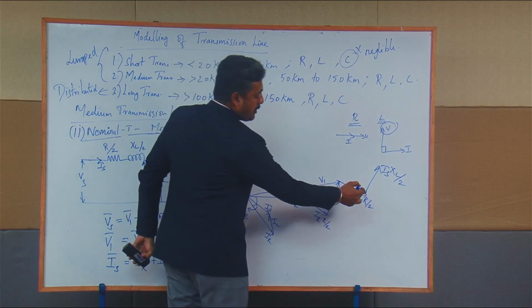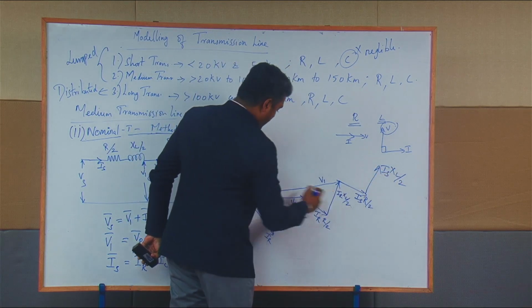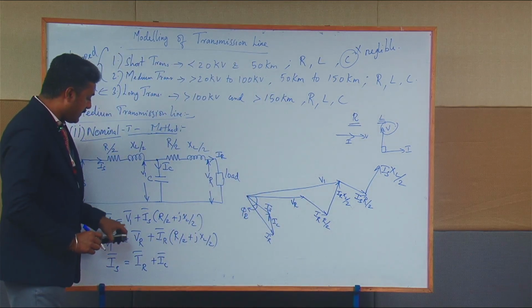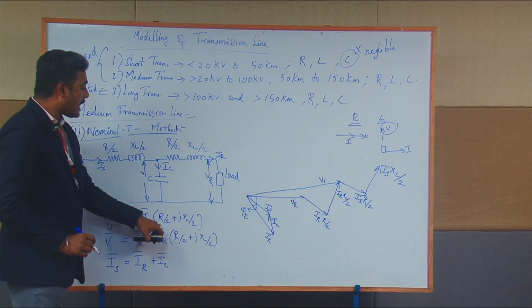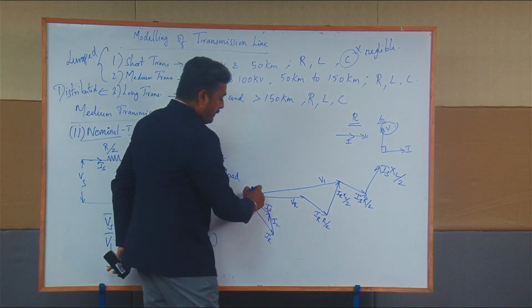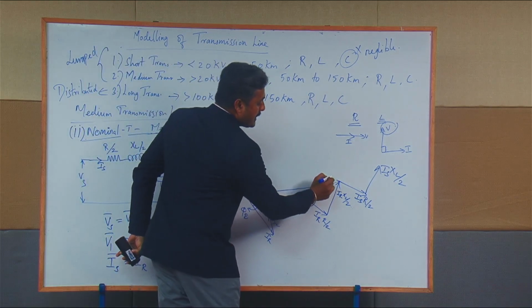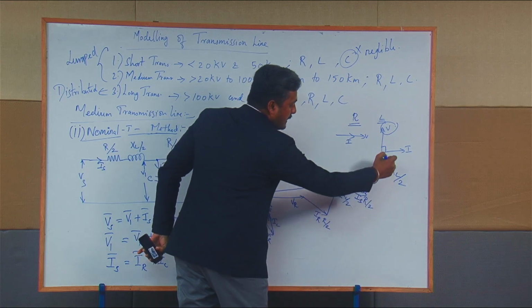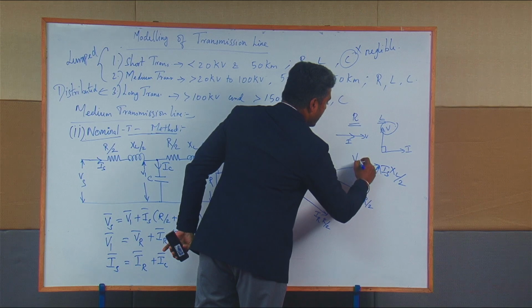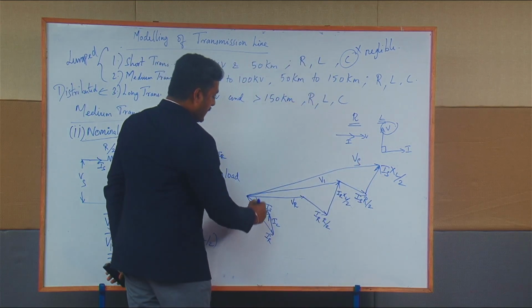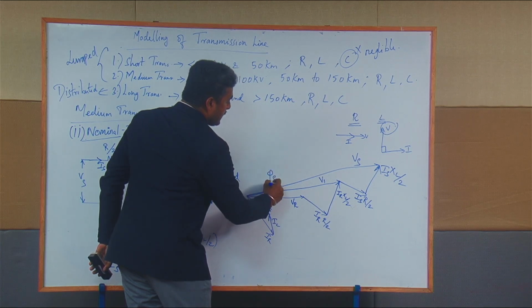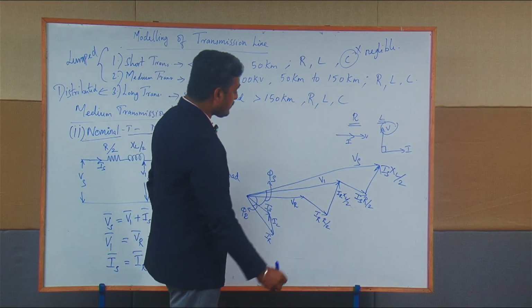Therefore, I am drawing here like this, Is into XL by 2, and finally the Vs vector is nothing but V1 vector plus Is into R by 2 vector plus j into XL by 2. If I connect these two points, this value will be equal to the Vs vector, and the angle between the Vs vector and the Is vector is nothing but phi s.